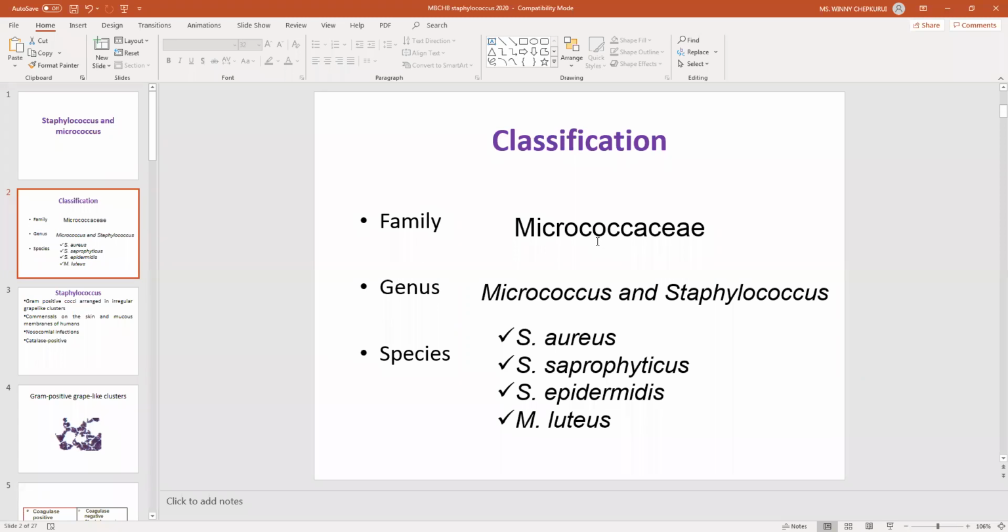If you look at the genus Staphylococcus, we have up to 200 species, but we're just going to focus on these three because of their medical importance.